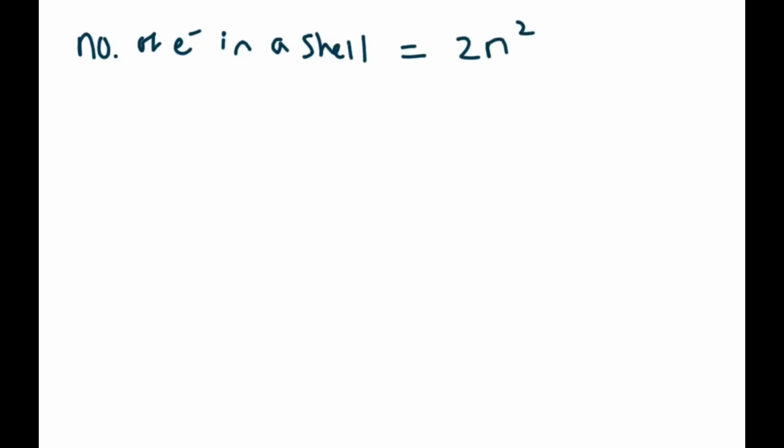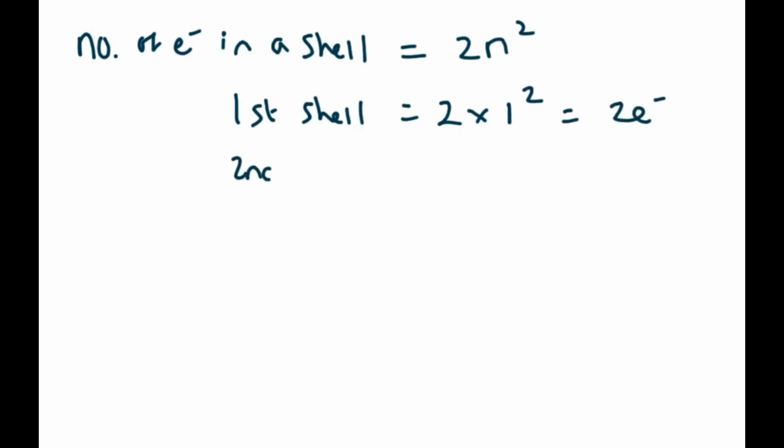If we take the first shell, n equals 1, that's 2 times 1 squared, which means there are 2 electrons in the first shell. The second shell is 2 times 2 squared, which is 8 electrons maximum.